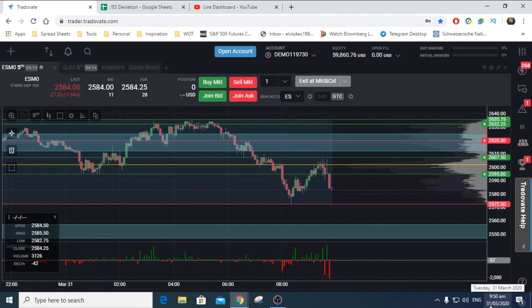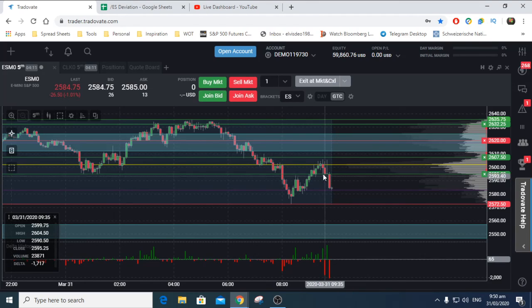So we have 10 minutes at 10. What I would like to see is that cheap single order trade here with that 1.5 structure, my TP a little further.